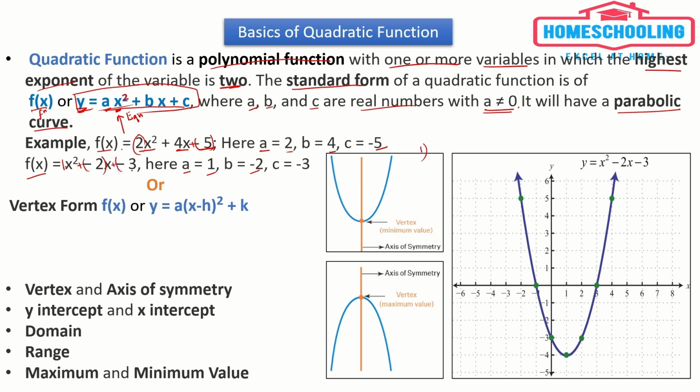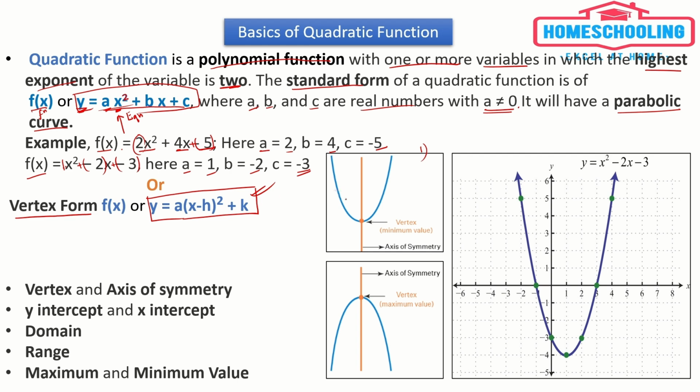And similarly, c will be negative 3. Now, there is one more form of quadratic function called the vertex form, where f(x) or y is equal to a(x − h)² + k. We will cover this vertex form while we solve some questions.